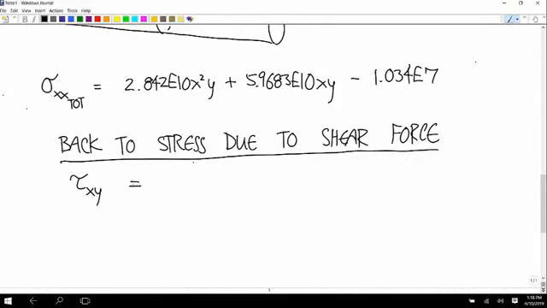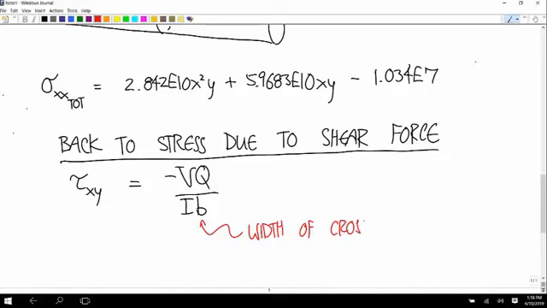And the value is equal to negative V, that's the shear force, times Q divided by IB. B is the width of the cross section at the point in question.